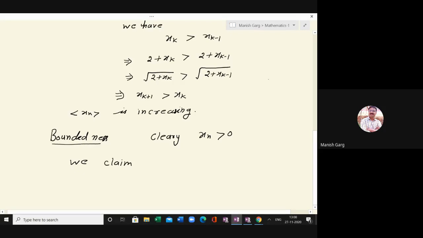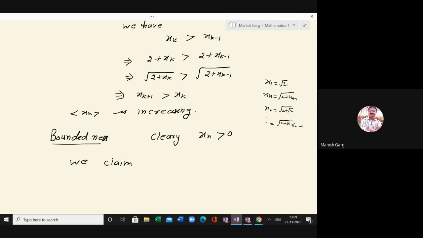In the question, x1 is equal to root 2, x2 is root of 2 plus root 2, and so on, root of 2 plus root of 2 plus root 2. From intermediate level, sometimes such a sequence is bounded by 2.